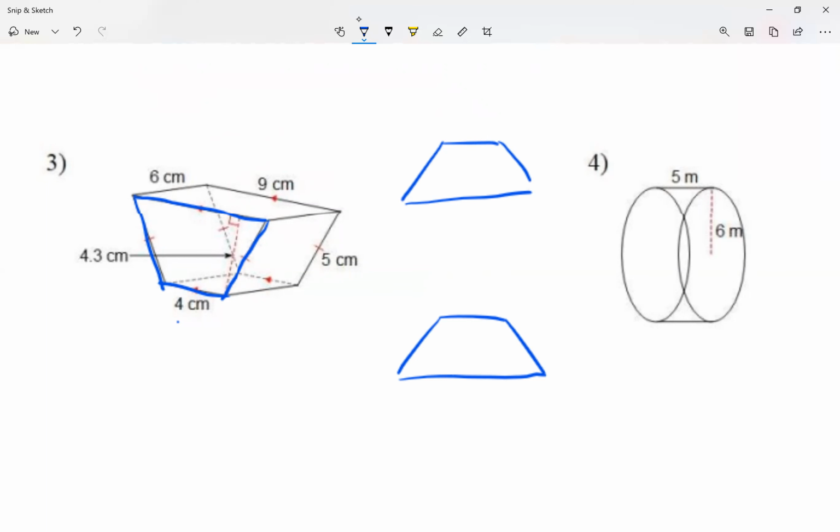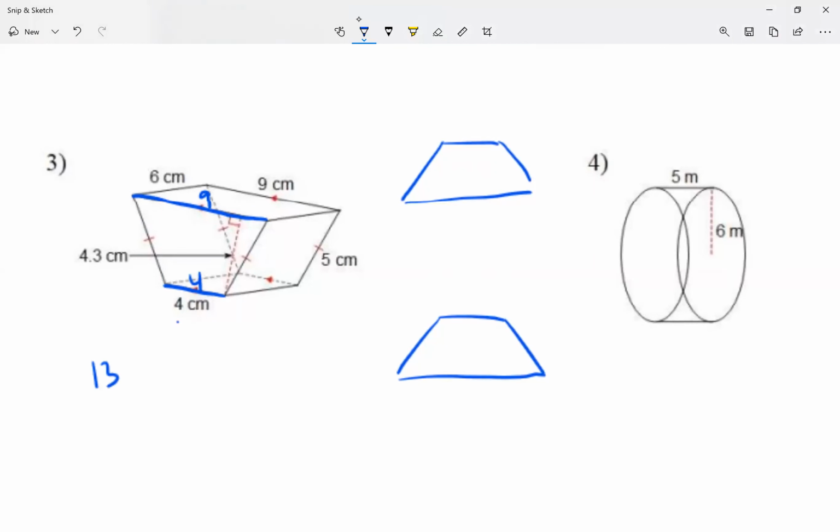I remember for a trapezoid, the first thing I got to do is look at the sides that are parallel. This side is 9, and this side is 4. Right, I'm looking at the 2 sides that are parallel, and I'm going to add them. All right, 9 plus 4 is 13.